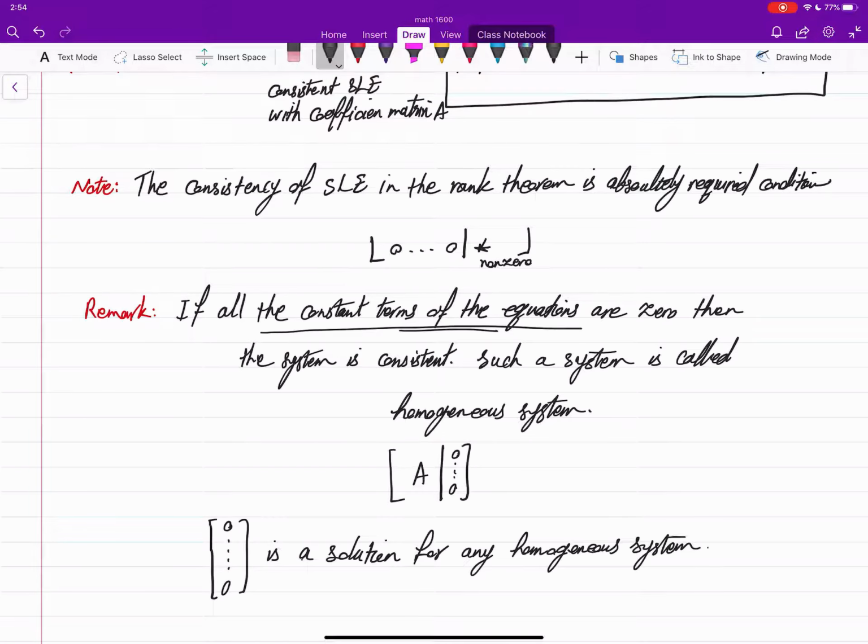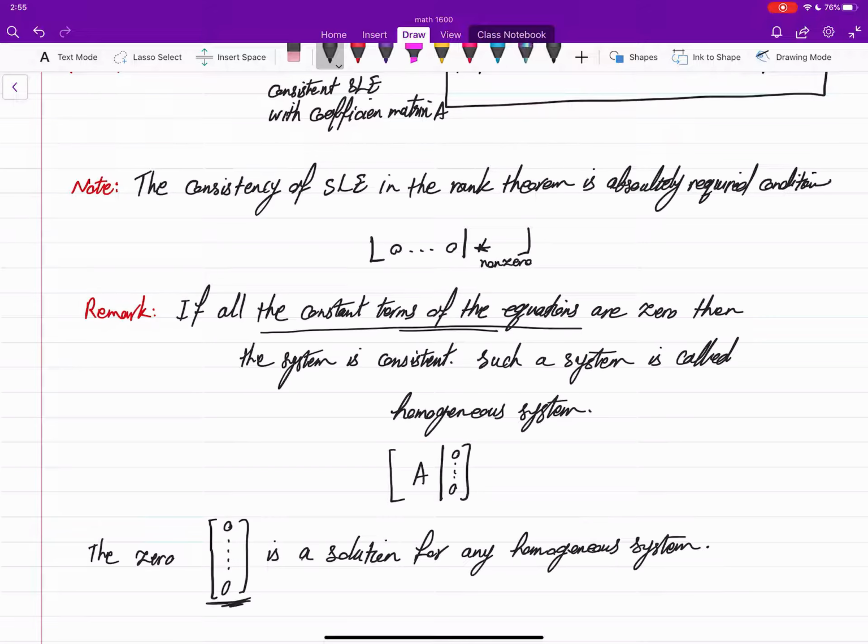That's another way of seeing that it is consistent. We have at least one solution, 0, 0, 0, the origin, the 0 vector. While it may have more solutions, at least it has one solution, which means that it is consistent.